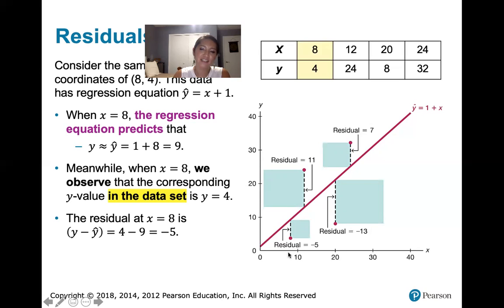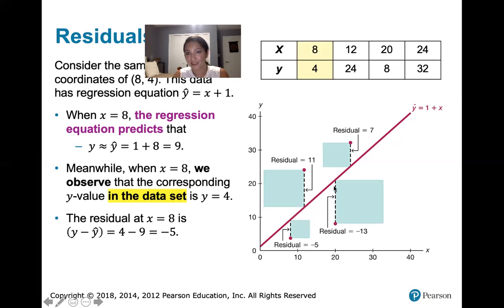The Y value predicted by the regression line when X equals 8 is Y equals 9, exactly what we see on this graph. So the residual is the difference between this Y value and that Y value. Since this Y value is higher, the difference is negative. The residual is like the distance between those 2 points, but it's signed. If the point lies below the line, the residual is negative.